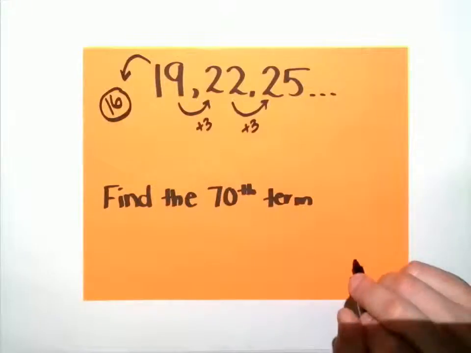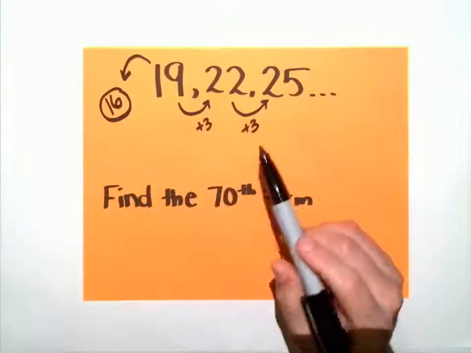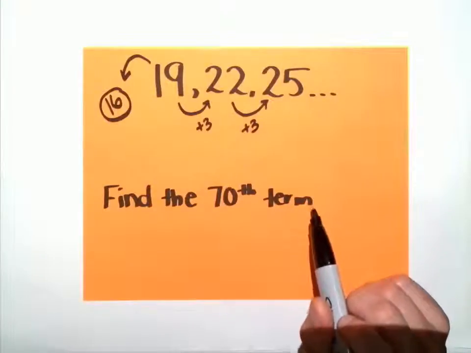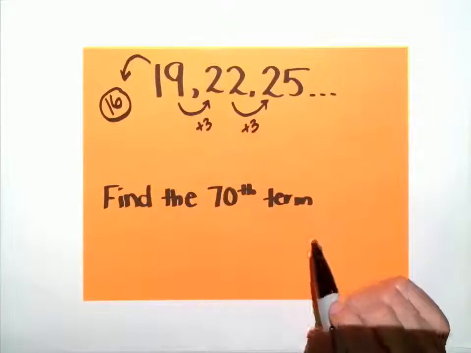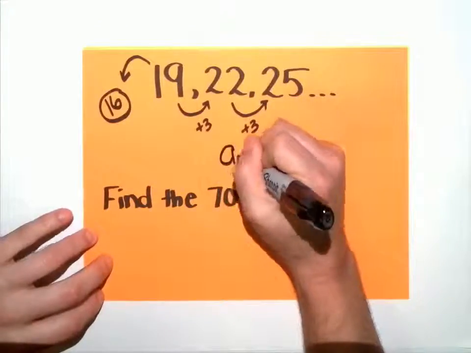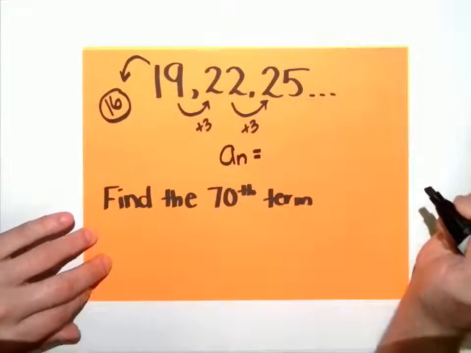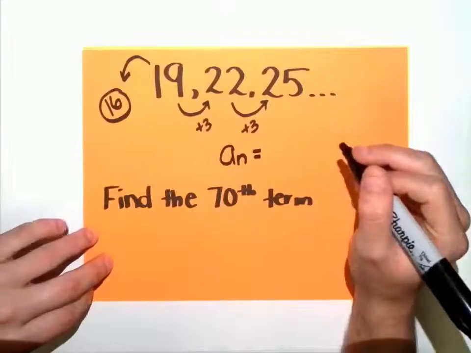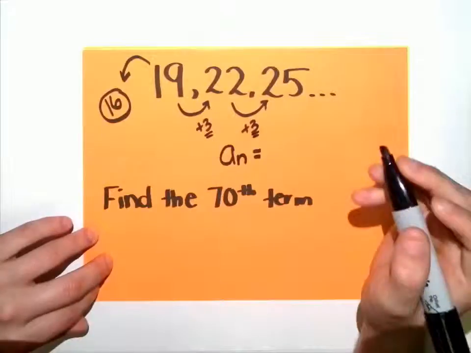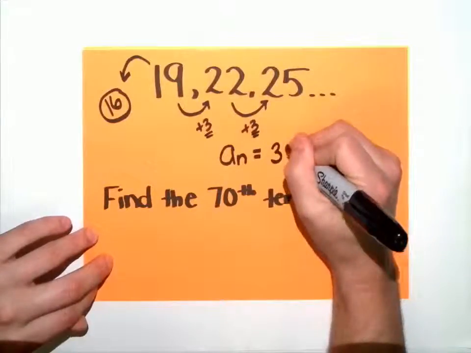Once we have a zero term, 16, and a common difference, 3, we're able to write a rule or a function that will model the situation. So in sequences, we usually use this formation a sub n is equal to, and what are we doing here? We're going to add 3 some amount of times, so we'll do that as 3n.